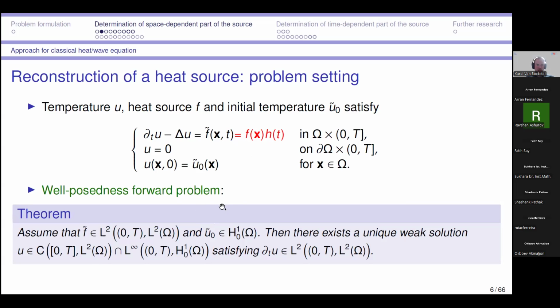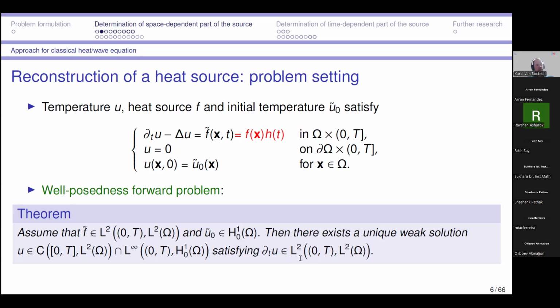And first, the basic result about the well-posedness of the forward problem. If the given source f̃ is L² in time and L² in space, and ũ₀, the initial data, belongs to H¹₀, then there exists a unique weak solution in the intersection of these two spaces, satisfying that the time derivative of u is L² in time.